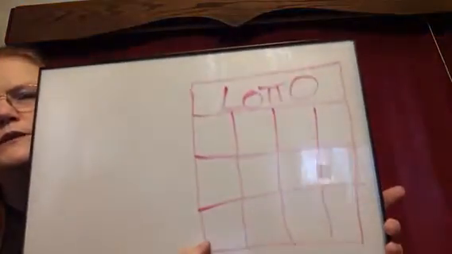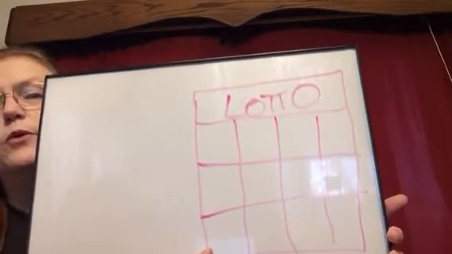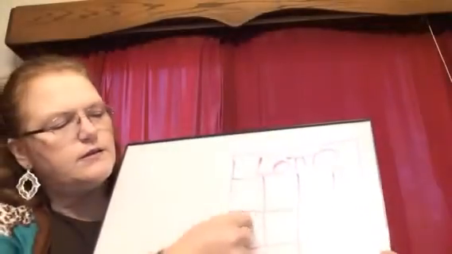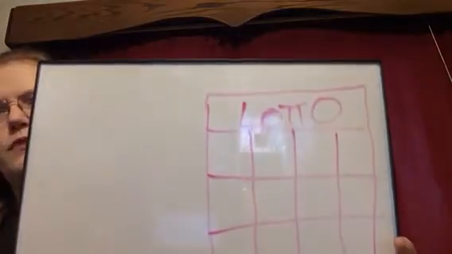It's kind of like bingo, but they call it lotto because it doesn't have an even number of lengths and sides. There's like 4 rows and 3 columns. So you have to get 4 in a row. Okay. Lotto.